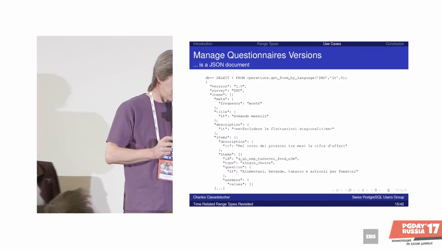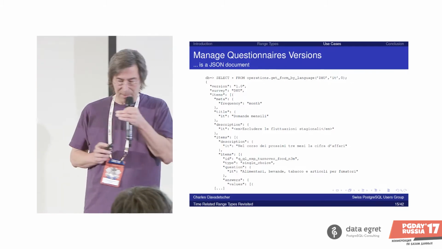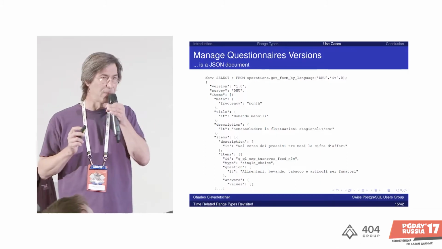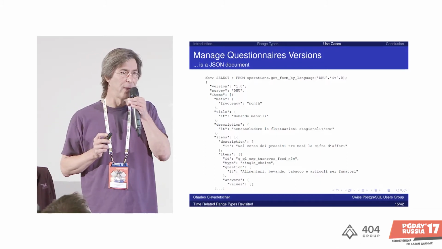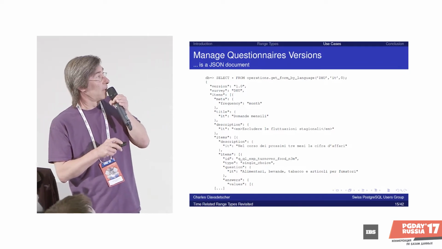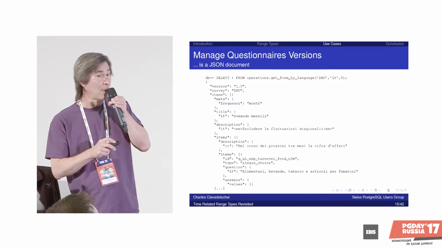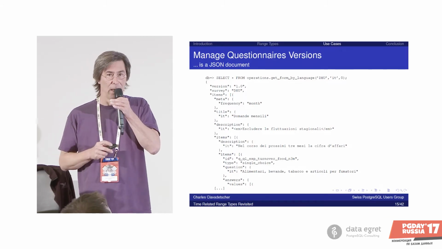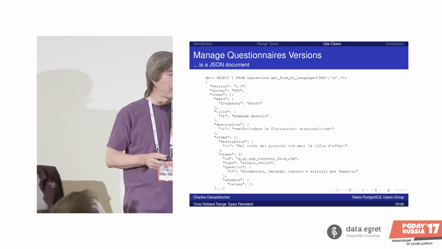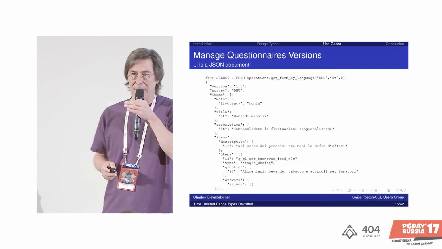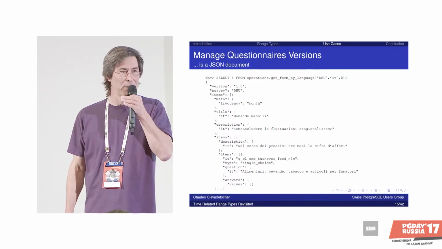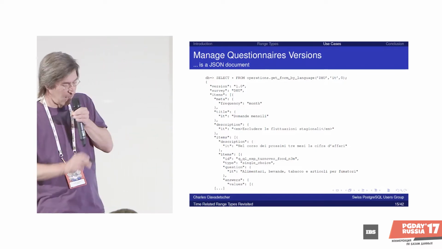We use JSON because for us it is quite important to have the whole information in one single place, and we can make a history out of it, which is much easier if you have everything in one single row, right? As a matter of fact, what you see here is just one language. In reality, we have the entries for all languages that we use, which are four: Italian, French, and German, which are spoken in Switzerland, plus English, because we have some foreign citizens working for Swiss companies that answer those questionnaires.